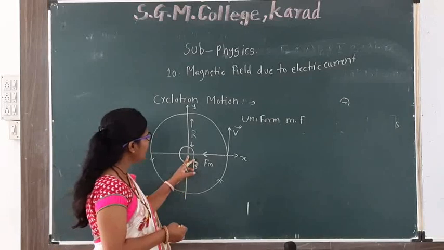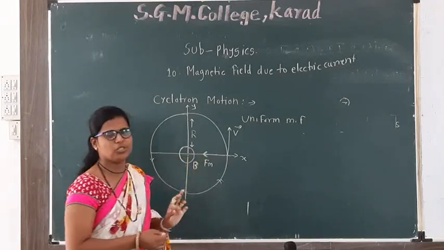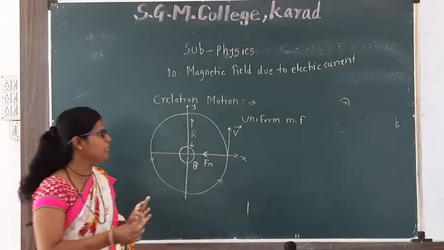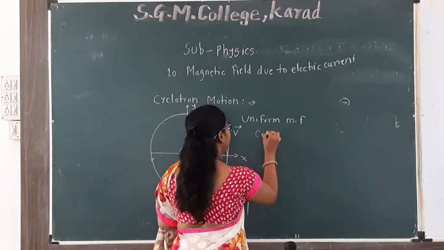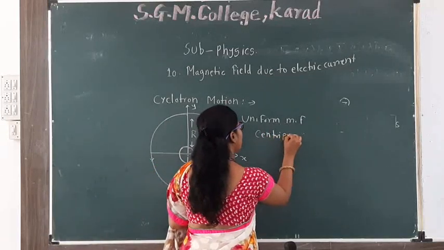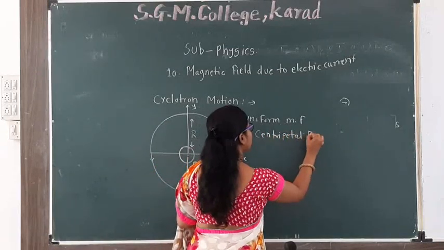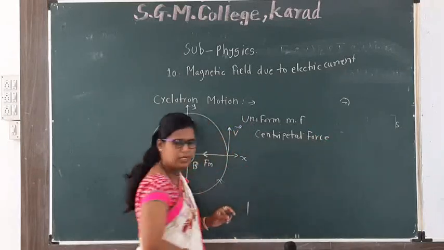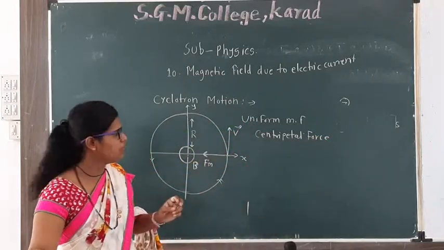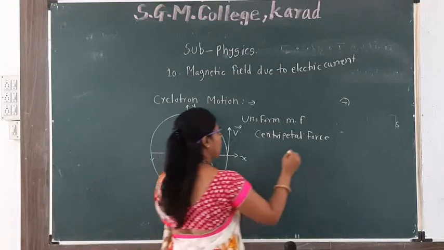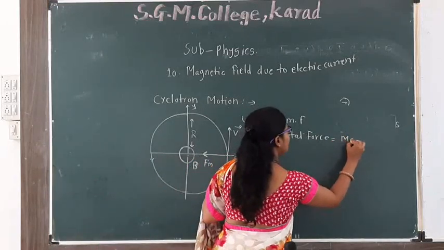Now, when the charged particle undergoes circular motion, it provides centripetal force. That centripetal force is equal to the magnetic force.